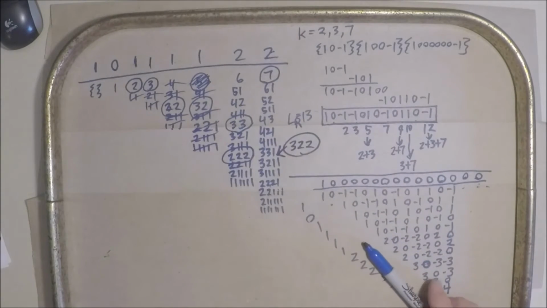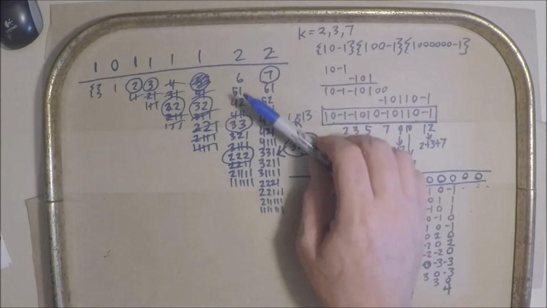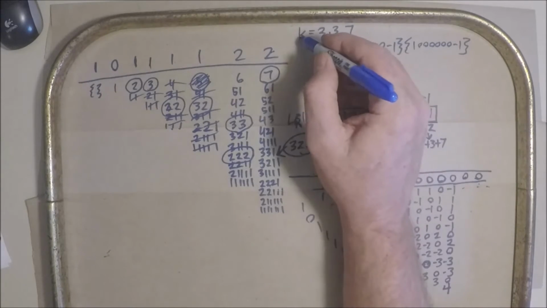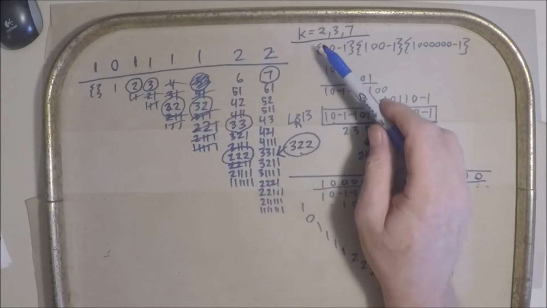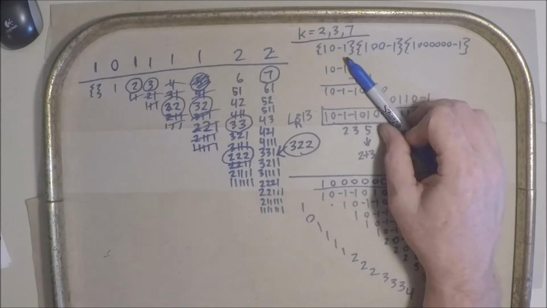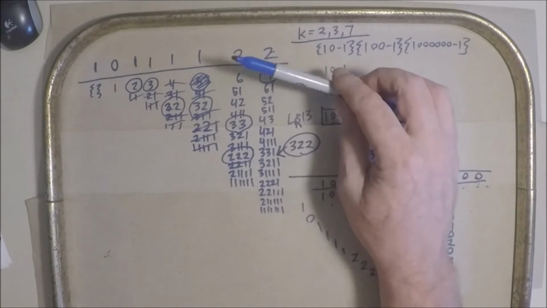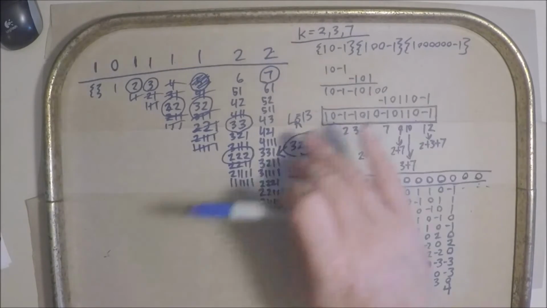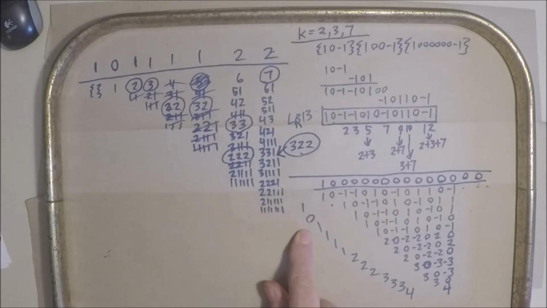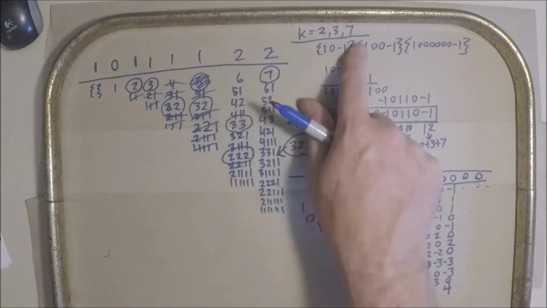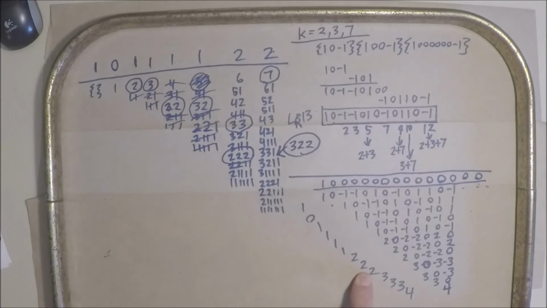And so you can follow this out, and you're going to get the same logic. So by restricting to k equals 2, 3, and 7, we are restricting to partitions that are made up of 2s, 3s, and 7s, period. And the number of restricted partitions is going to be given by this sequence here.